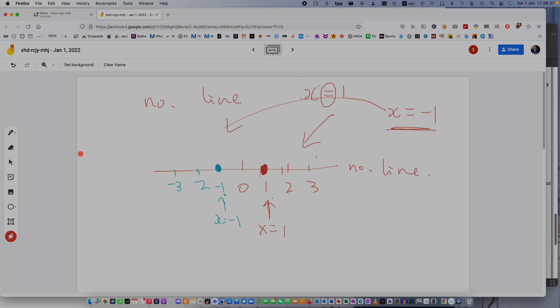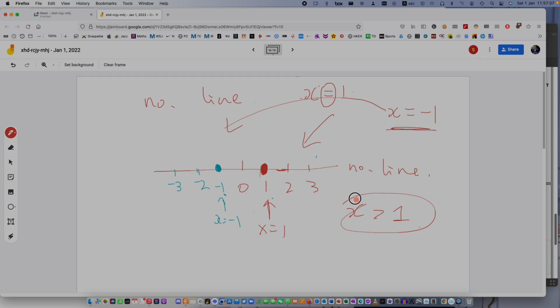Then what if I give you x bigger than 1? How do you represent this? So where is x bigger than 1? Where is x bigger than 1? Can you see that your 1 is here?